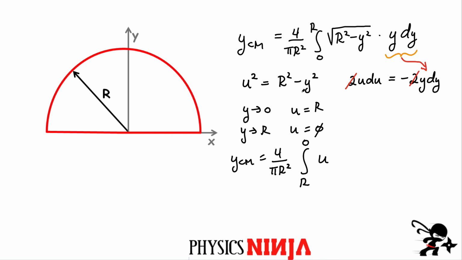If you take the square root on both sides, this is what you get. And this other term here we just said was going to be minus u du. Okay, so take that negative sign, put it out to the front, and you're left with a very, very simple integral. So this becomes minus 4 pi r squared and the integral, backwards here, of u squared du.